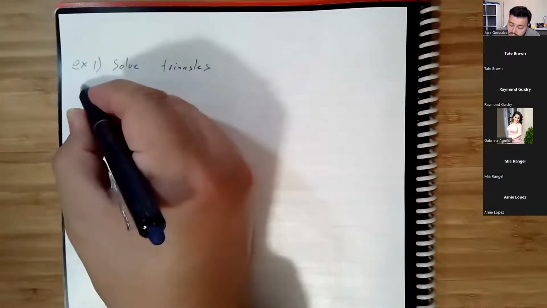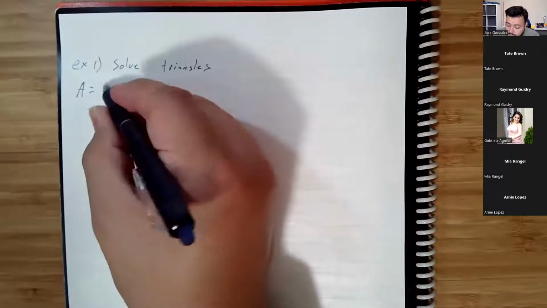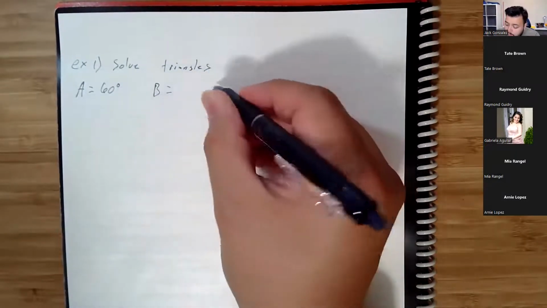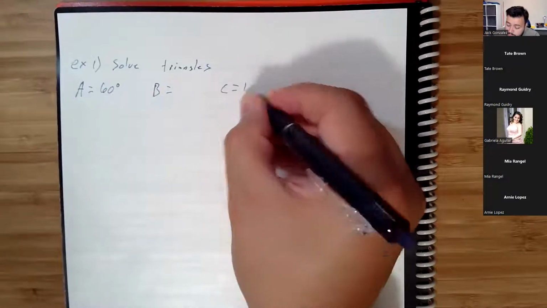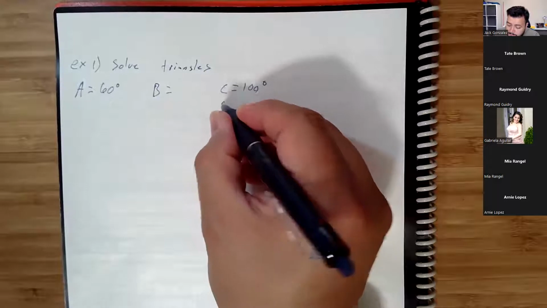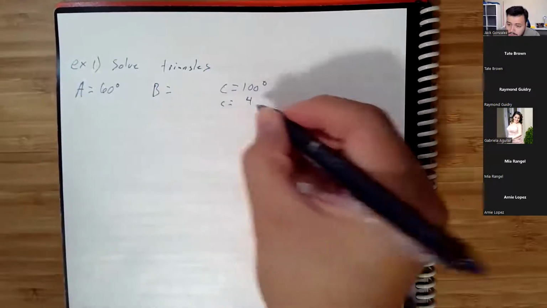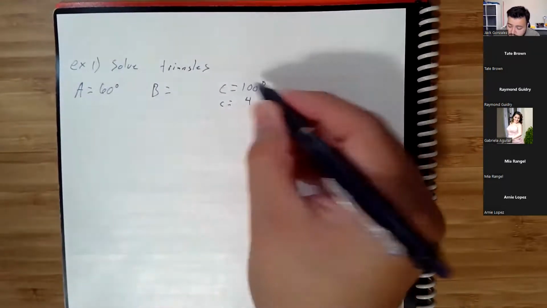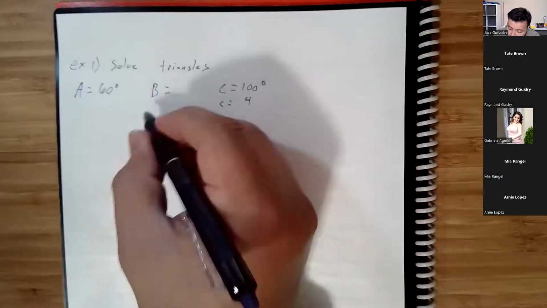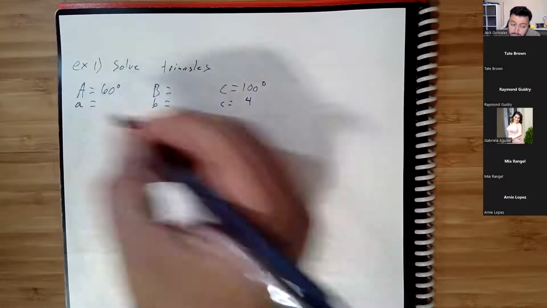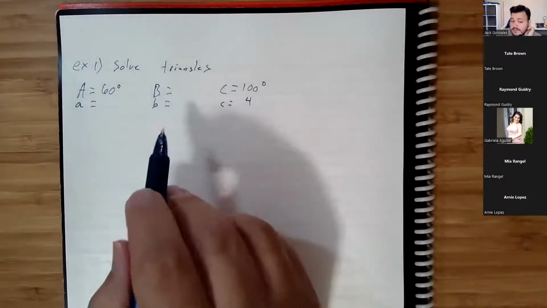So what they give us in the problem is capital A, capital C, lowercase c. I'm really bad at lowercase and capital C. If you have a better way to write it, or if you want to put a little bar on top, that's up to you. So we don't have these pieces.